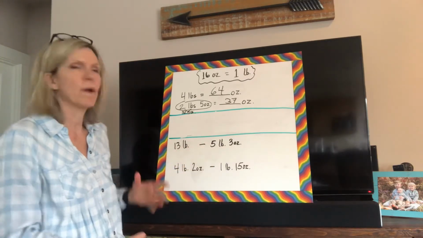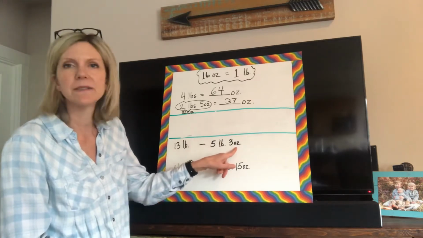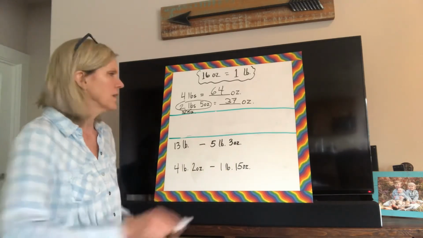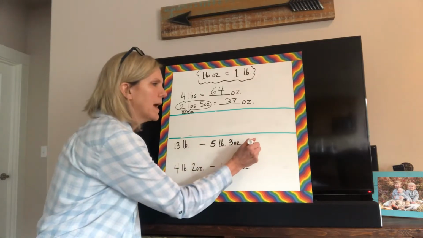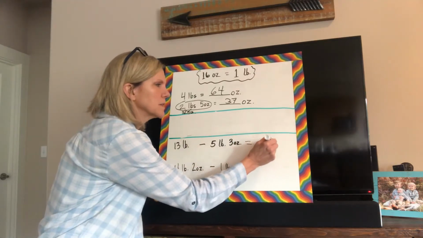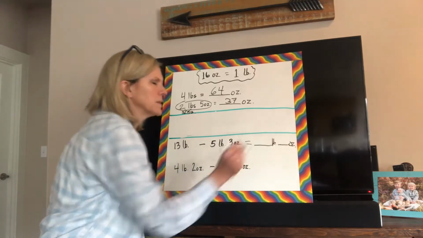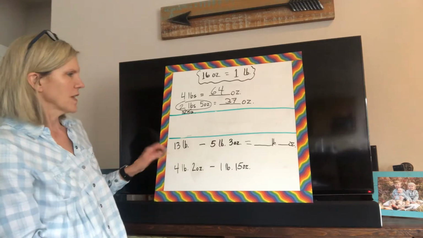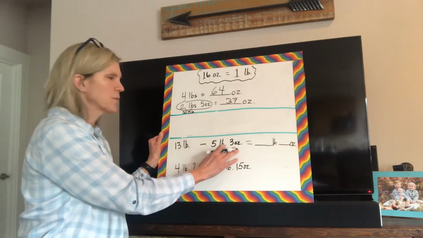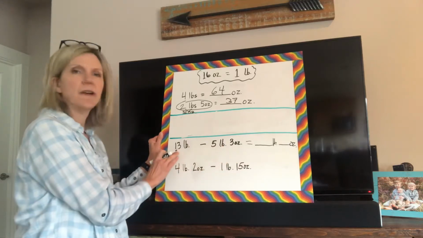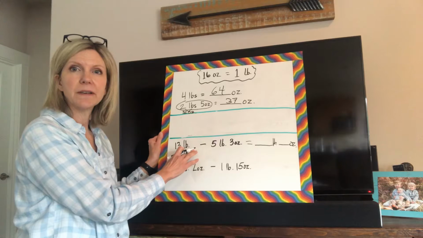You have something that weighs 13 pounds, and you want to take 5 pounds and 3 ounces out of that, okay? So you're going to end up with some pounds and some ounces. Now let's look at this. You're taking 5 pounds and 3 ounces out of 13 pounds and, oh, there's no ounces here.